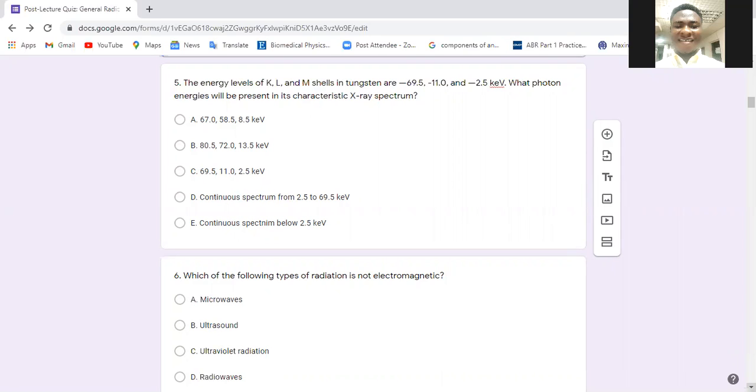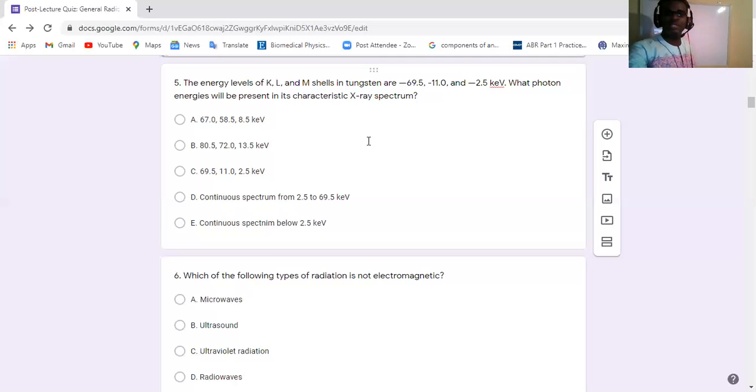Okay, that is it anyway. But the order of subtraction should have been the bigger energy minus the smaller one, 11 minus 2.5. In any case, we still have the same answer.